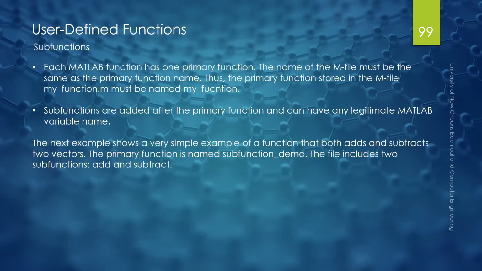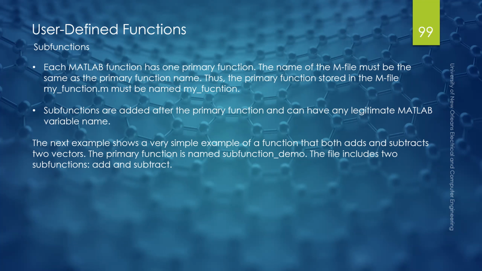Each MATLAB function has one primary function. The name of the M file must be the same as the primary function name, as we already know. So the primary function stored in the M file, myfunction.m, must be named myfunction. I just made that note a couple slides ago when I said that we have to name the function file the same as the function name.